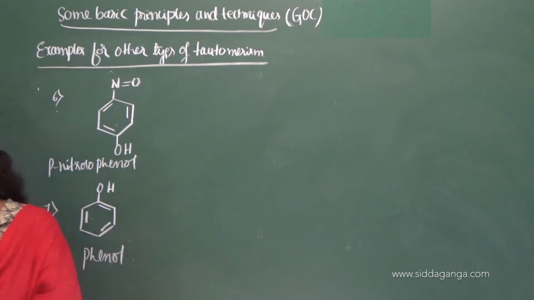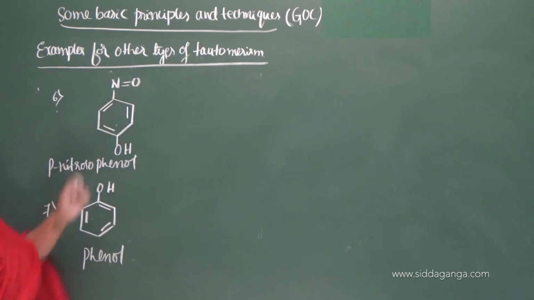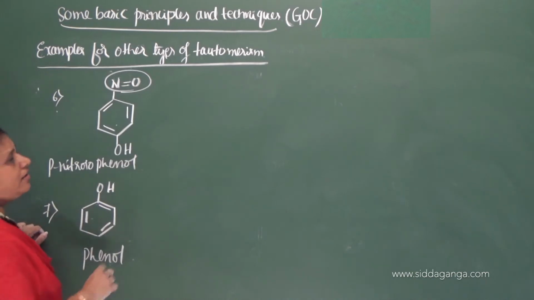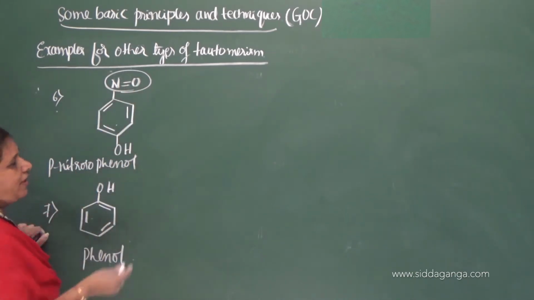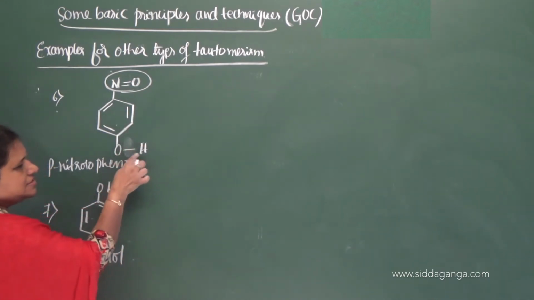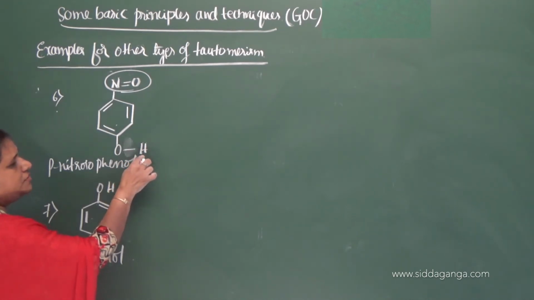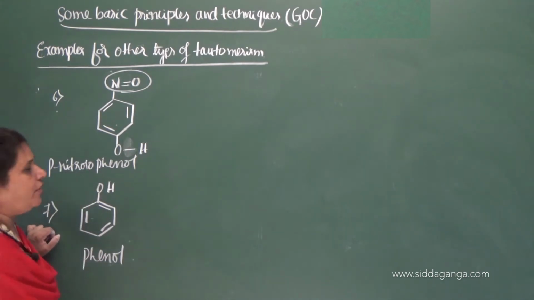Now let me show how the migration of the hydrogen takes place here. Here we have the compound. This is the condition, correct? And it satisfies the condition. But what about alpha hydrogen? This hydrogen is also acidic, and this shifts here. Actually this is a special type of tautomerism in para-nitrosophenol.